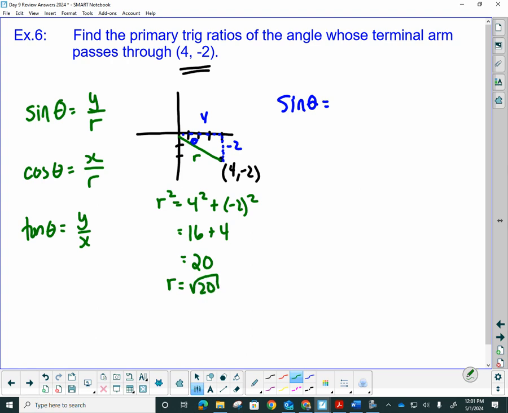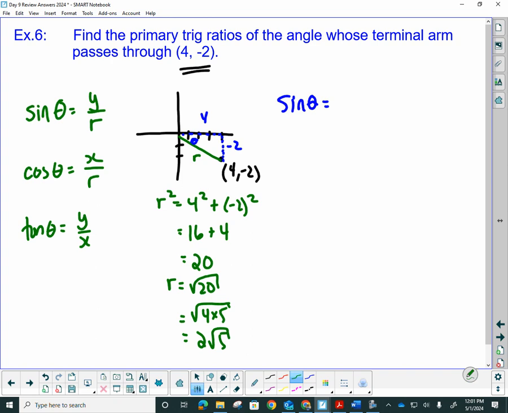Now, the square root of 20 is something that you can reduce. Remember, from a couple of units ago, we know that this can be 4 times 5, and so this can be 2 root 5. So we'll use that number instead of the decimal.